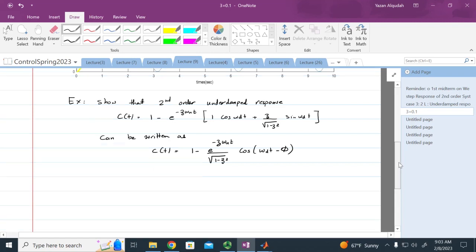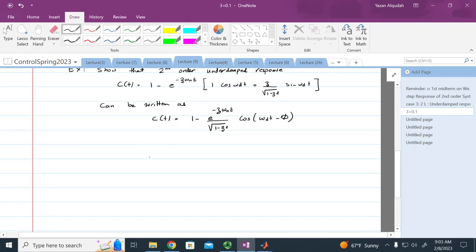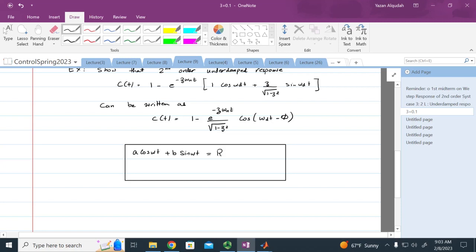Okay. So we're going to use the identity that tells us if I have a cosine omega t plus b sine omega t, I can write this as r cosine omega t minus phi, where r is equal to the square root of a squared plus b squared, and phi equal to tan inverse b over a.